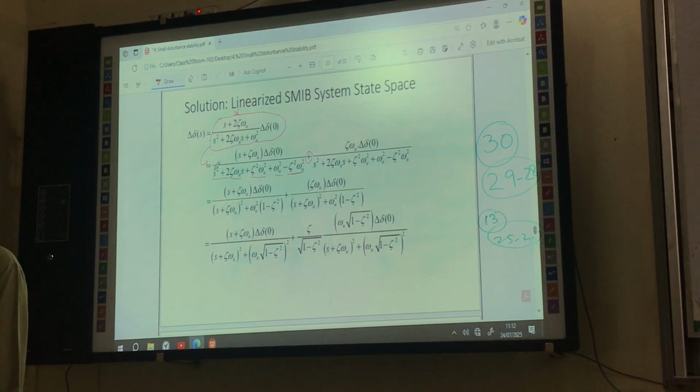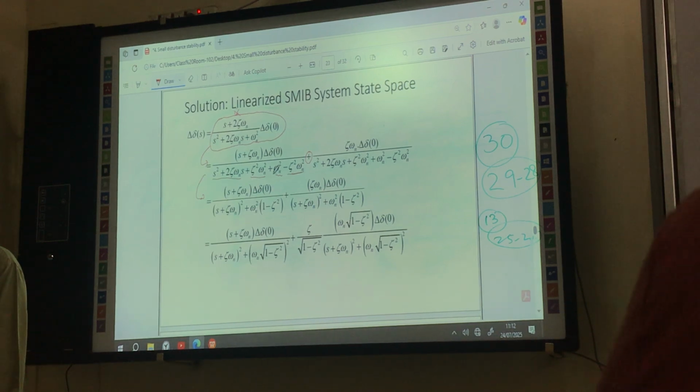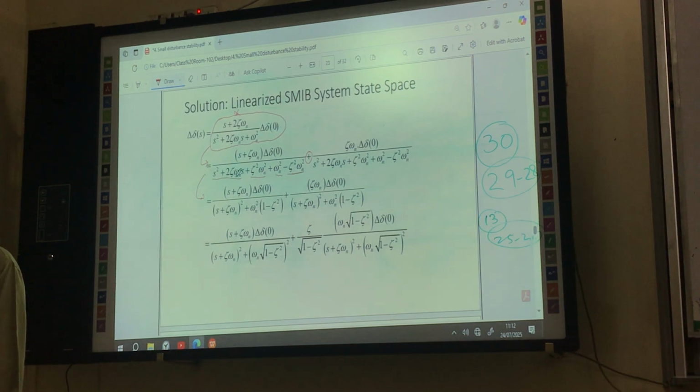Okay, now from this line to this line, how we can write? The change is in the denominator. So look, this term you can write like S plus zeta omega n whole square, right? And this term, you can take omega n square common, and it will be 1 minus zeta square. So the same is here. Now you can write it like this.